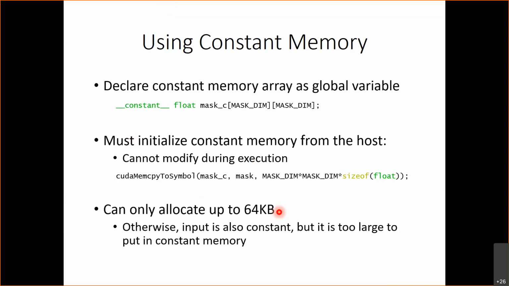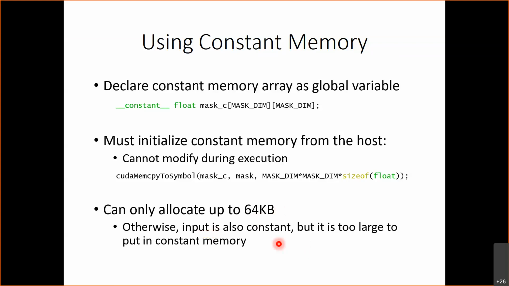They don't change throughout the lifetime of the kernel. But I'm not going to put my whole matrix A and my whole matrix B inside of constant memory, because the trade-off is that it's fast, but we can only allocate a small amount of it, such as 64 kilobytes. Otherwise we could put our input there, but we can't because it's too large.